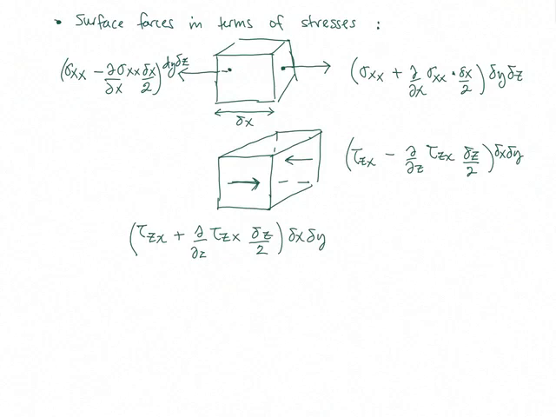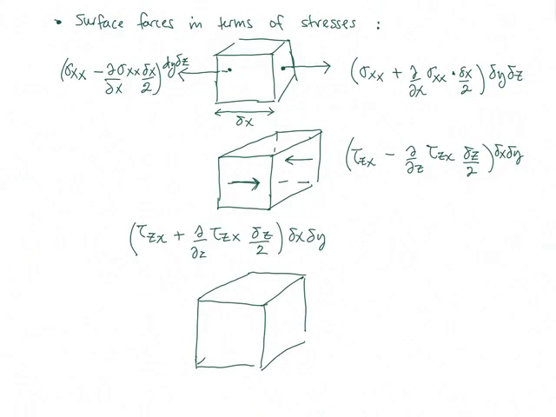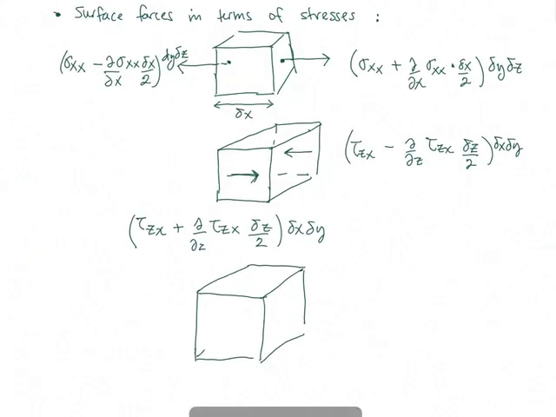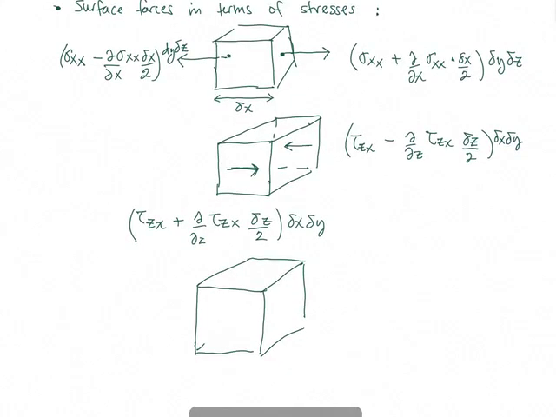So now we need to consider the bottom face and the top face of the cube. So let me draw again a cube, and we'll have a top face, this one, and we'll have a bottom face underneath here, this one.